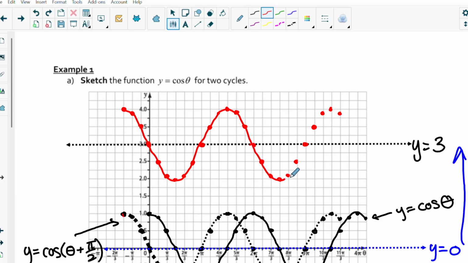This is with that final piece, which is the d value of +3, the vertical displacement of +3. So this one is the final graph, y equals cosine of theta plus pi over 2 plus 3.